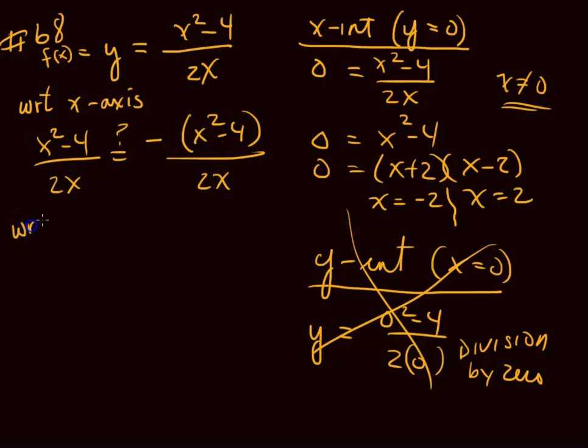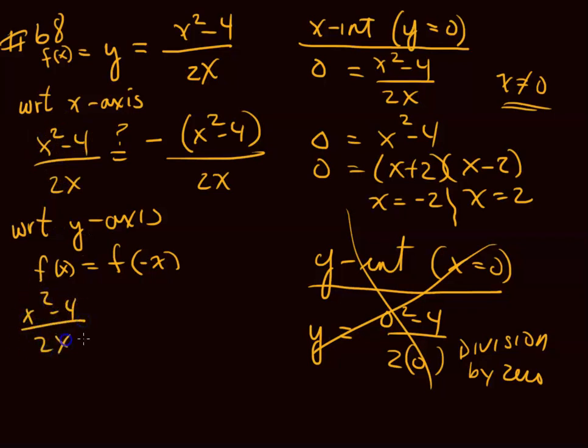So there is no symmetry with respect to the x-axis. With respect to the y-axis, though, let's see. That's f of x equals f of negative x. When we put in an x, we get x squared minus 4 over 2x. When we put in a negative x, we get negative x squared minus 4 over 2 times a negative x.